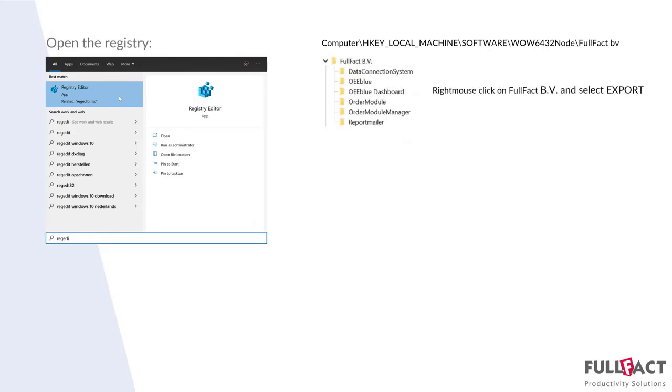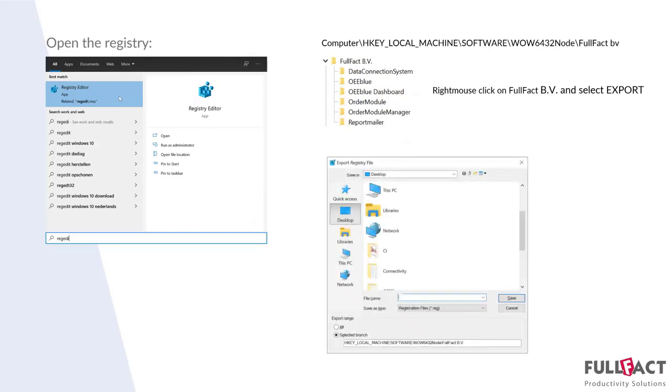Once you are on that section, you can right mouse click on FullFact BV and select export. Once you selected export, the next pop-up will appear, and you enter the file name and location where you want to store the file, for example, a desktop. Press save, and it will store a little file on your desktop with this icon.